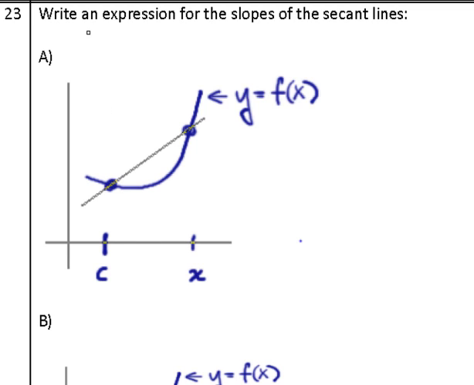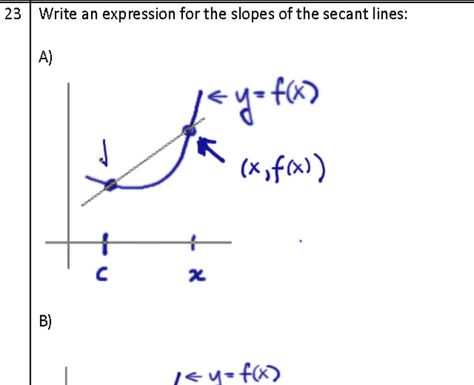In number 23, we want to write an expression for the slope of the secant line. Here's our secant line, this gray line over here in this picture. All right, so here are our x values, c and x. Okay, this point has coordinate x, and the corresponding y value using function notation is f of x.